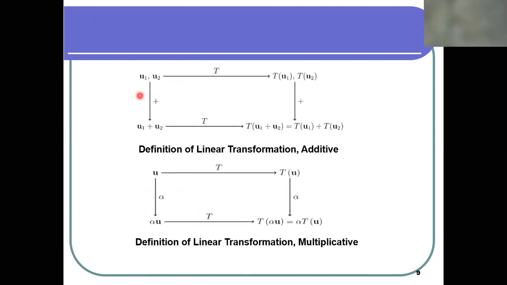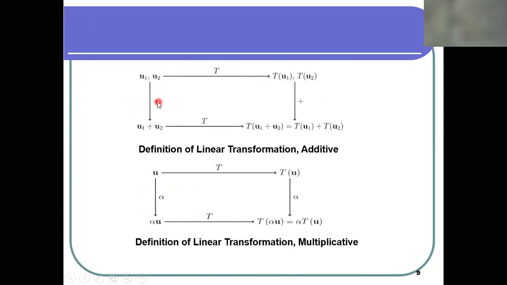Let us elaborate the idea of linear transformation with the help of this diagram. If you have two elements in the domain and you apply T separately on these two elements, you get T of U1 and T of U2.